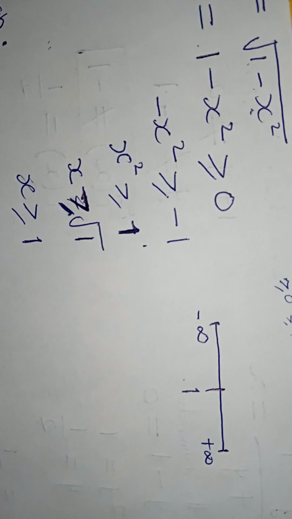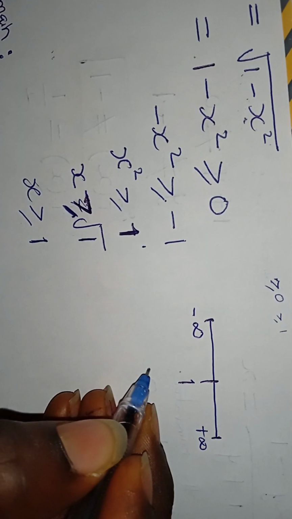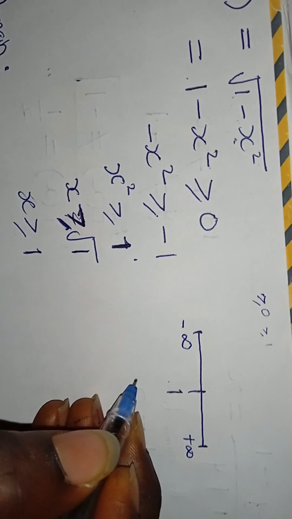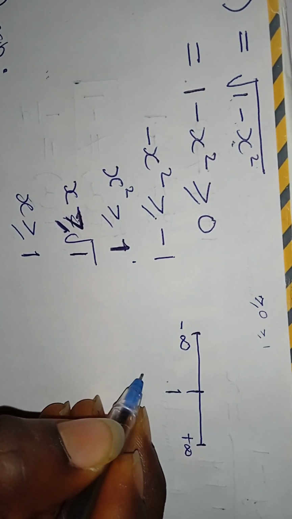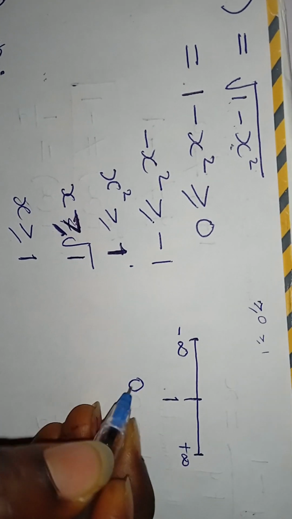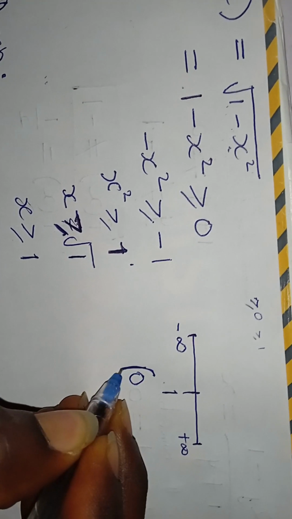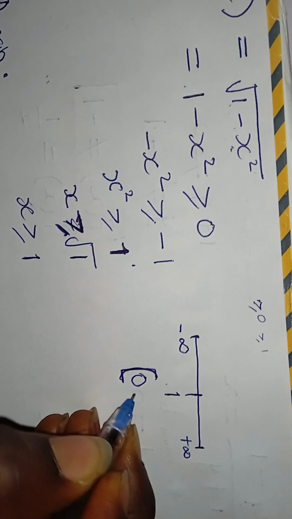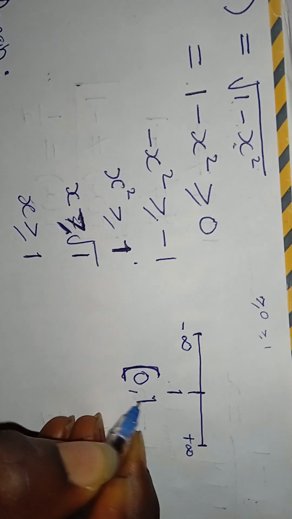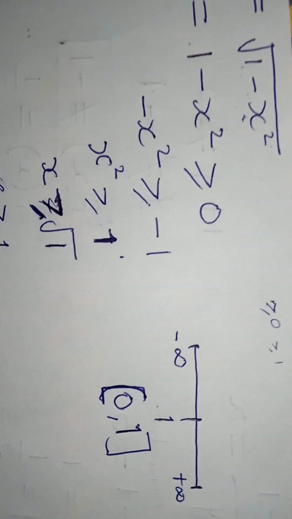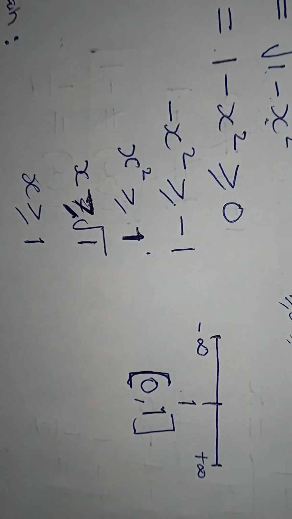If I'm drawing the interval notation here, it simply means that the values I can have here are from 0 to 1.